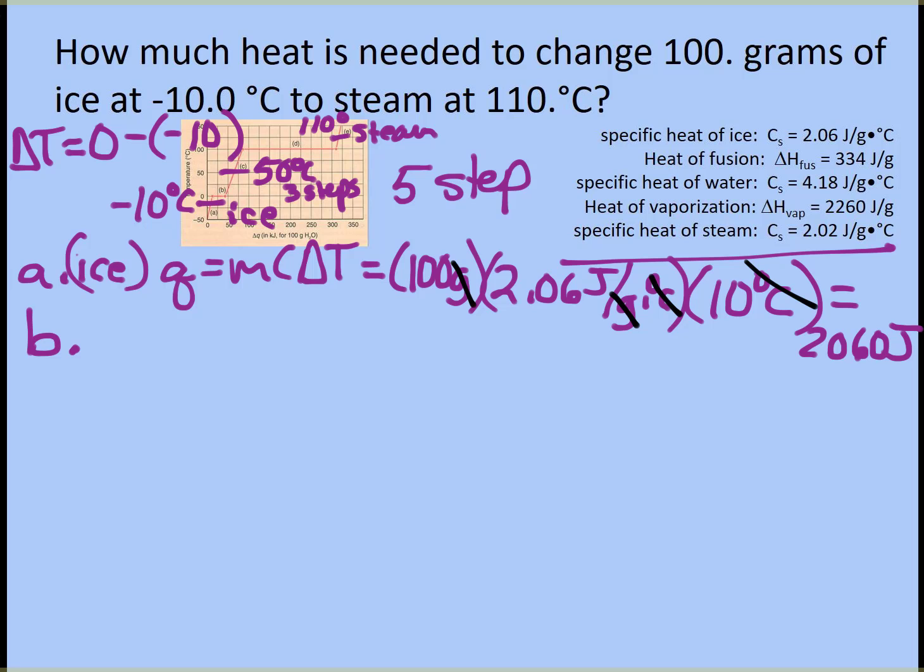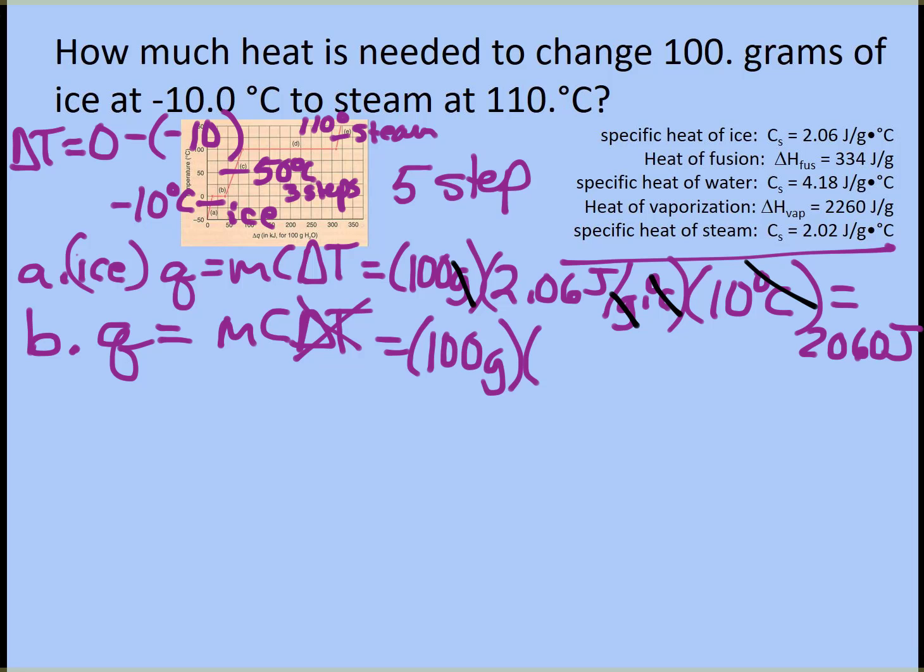The next portion of the curve, I'm going to melt the ice. I use the same equation, except I'm going to get rid of the change in temperature, so it's just the mass times the constant. I still have my 100 grams, and this time I use the heat of fusion constant.